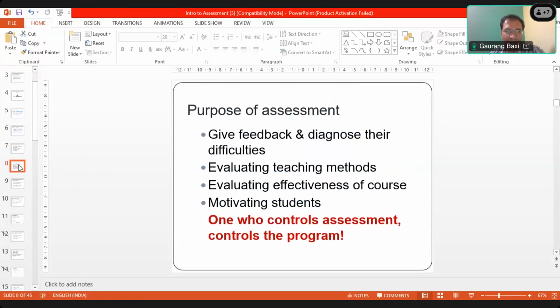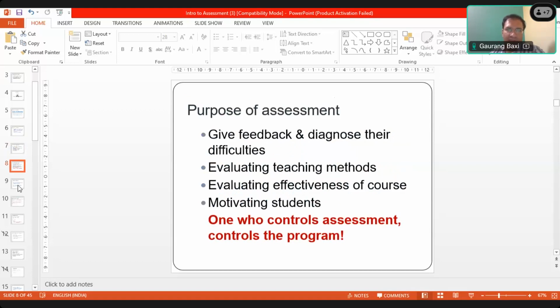To give them feedback and diagnose their learning difficulties, to evaluate your own teaching methods, to evaluate the effectiveness of a course, and ultimately to motivate students. So one who controls the assessment controls the program. These are all the broad purposes of why we conduct exams.